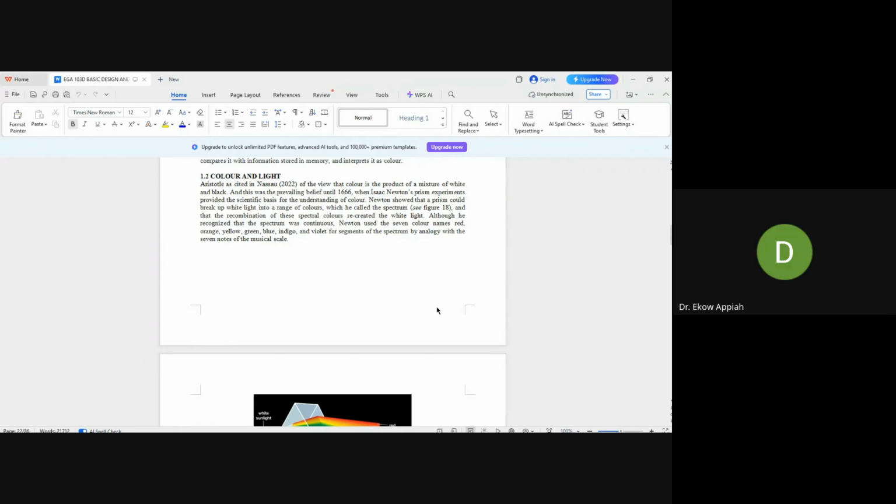Newton's experiment broke colors into different colors, orange, yellow, green, indigo, and other segments. That's my take on it.